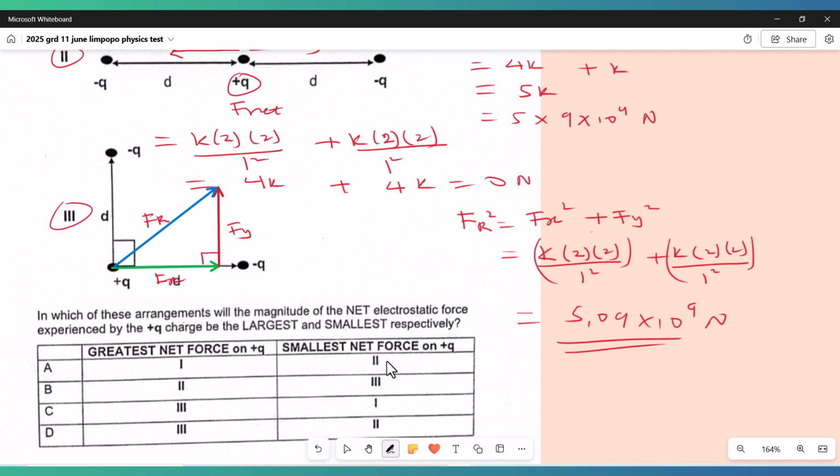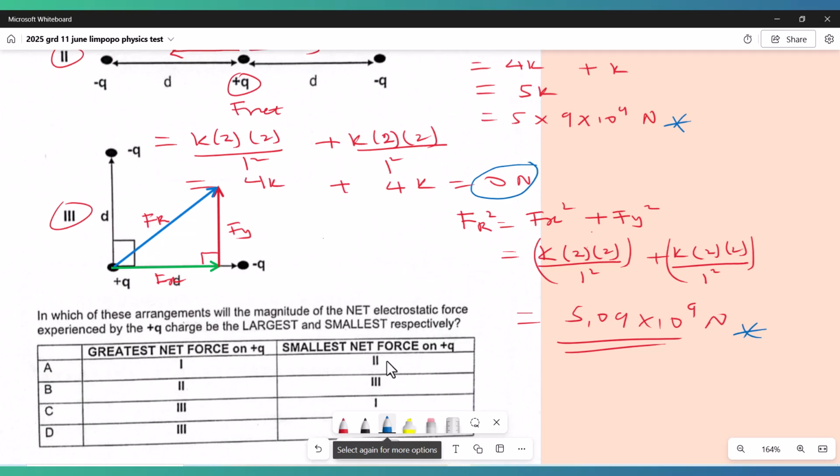Now compare these answers. We're looking for the highest and the smallest. In this case, I have got these answers here. This is 0, this is the smallest. Now this answer, this one and this one, which one is the highest? We can say that this is 5,09 exponent 9.